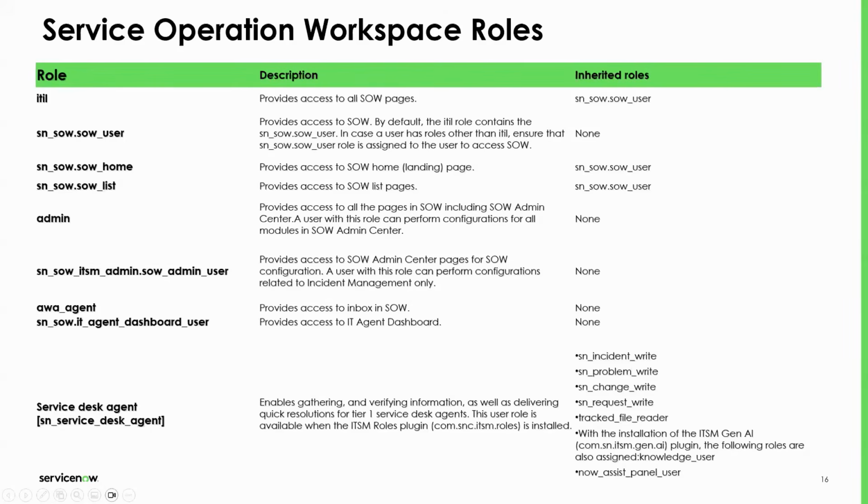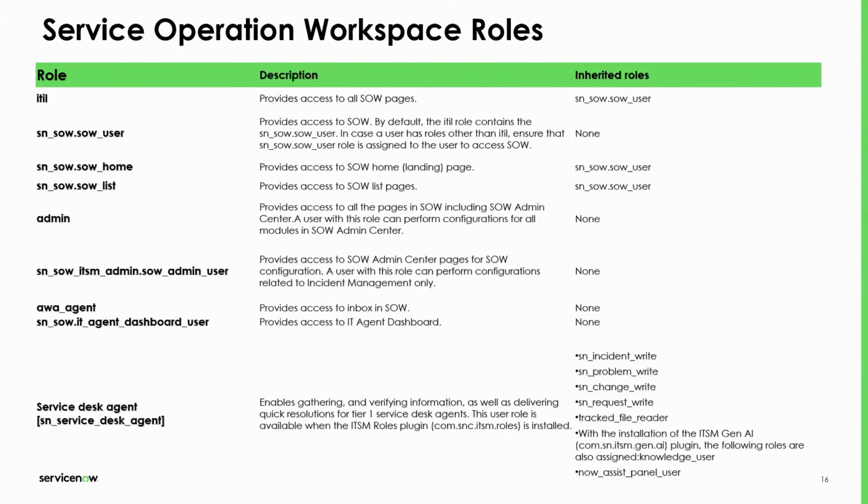I want to focus on the new Service Desk Agent role at the bottom there, which was launched with the Yokohama release. So if you don't have the Yokohama release, you might not have that exact role. But this role actually does not have the ITIL role. Isn't that cool? I think that's cool because it's a part of a broader effort to create more specific, less bloated roles than the traditional ITIL role.